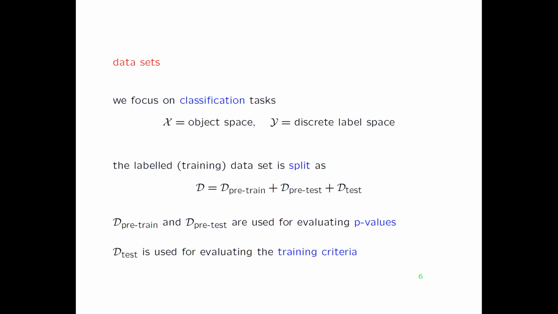Actually, here, what we are doing is split conformal prediction. So we need a pre-train, a pre-test, and d-test. Just to be clear, pre-train is what is normally called the proper training set. And the pre-test is what people call the calibration data set.